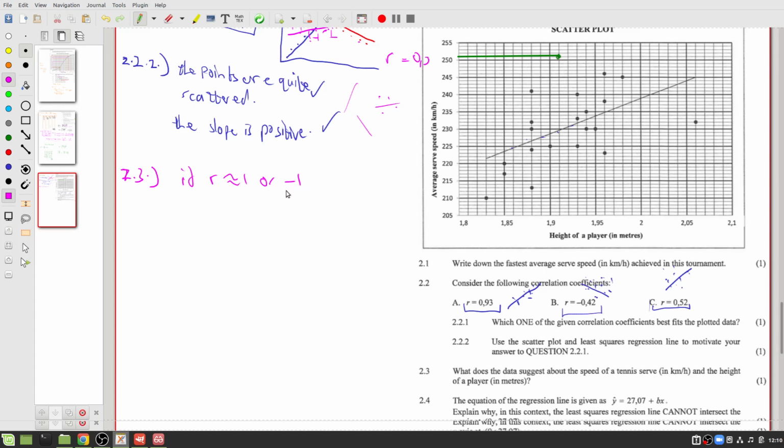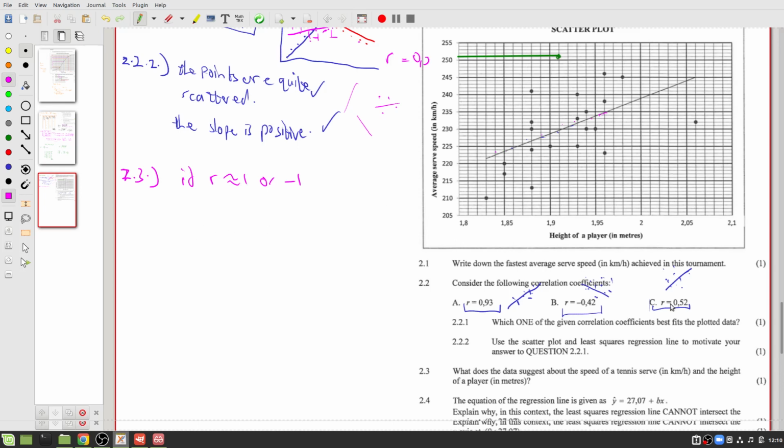We can use that to predict, and it's a high correlation, right? If the dots are pretty close to the line, then we could say there's a great correlation because R was close to 1, and the height of a tennis player has a big impact on the speed of the serve.